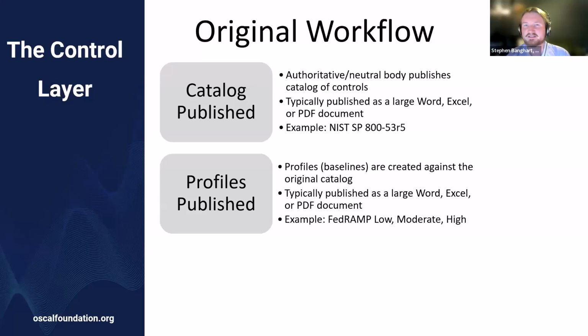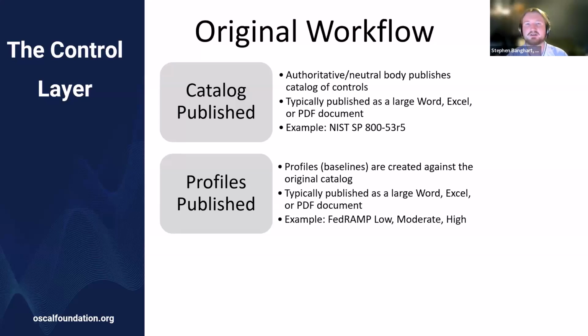After that catalog exists, organizations publish profiles based on that catalog. Sometimes that's the same organization that made it. In this case, we're familiar with the NIST SP 800-53B, a set of low, medium, and high profiles based on that catalog. But there's also ones made by organizations that are not the original author of the catalog.